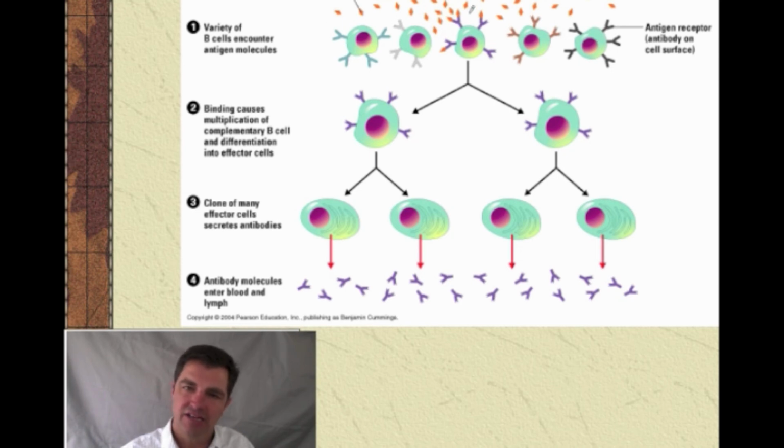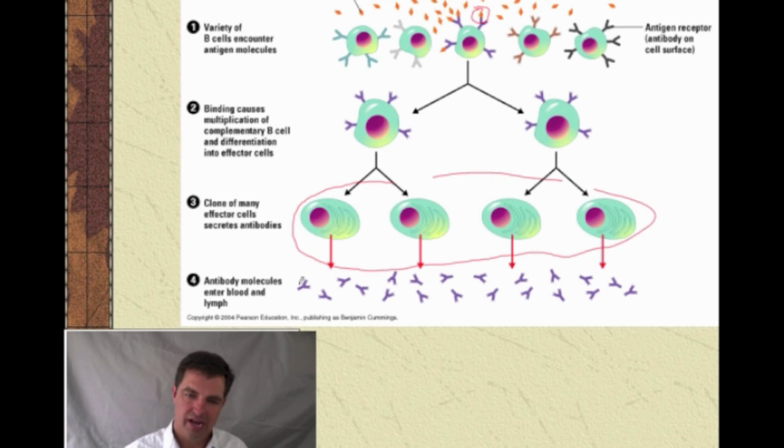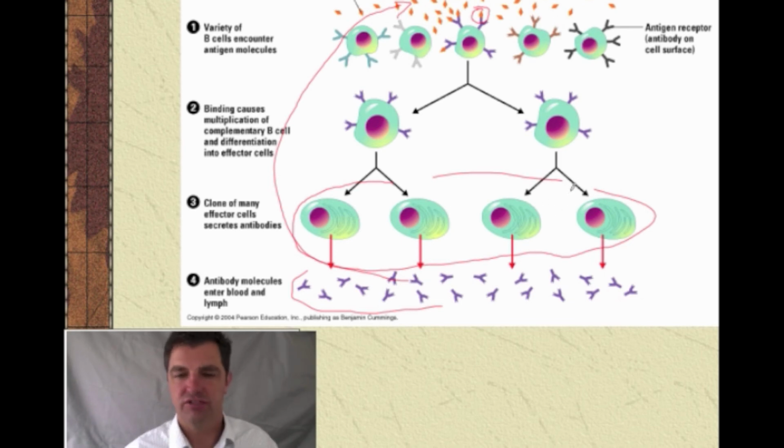You notice that this antigen only binds to this specific shape of antigen receptor, and therefore this B cell gets stimulated into growing and reproducing, and you end up with a whole bunch of those as it goes through mitosis. Some of those will go on to form plasma cells that will produce antibodies. And now you have all these antibodies that can then go attack this antigen. Some of these will form memory cells so that if you're exposed to that again, you have a quicker response.